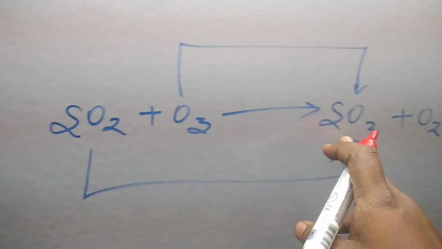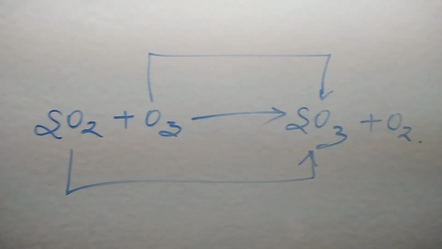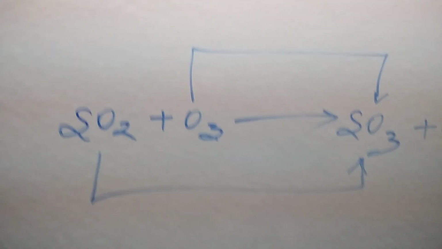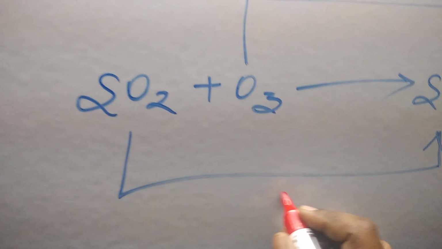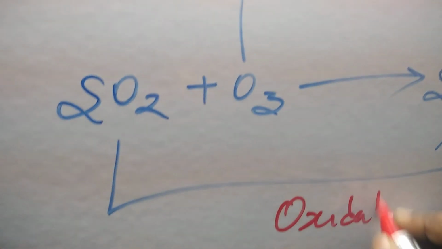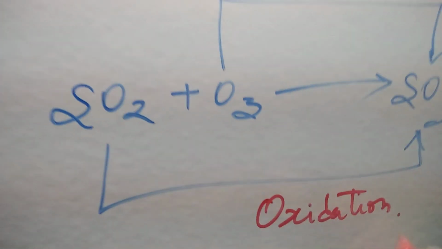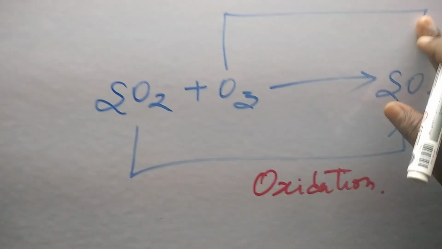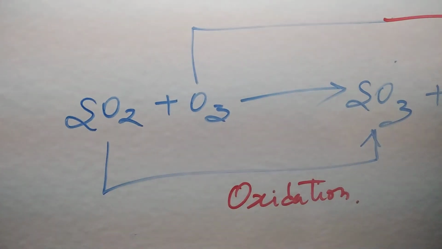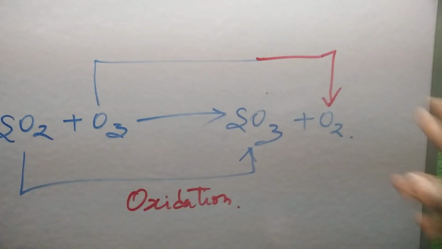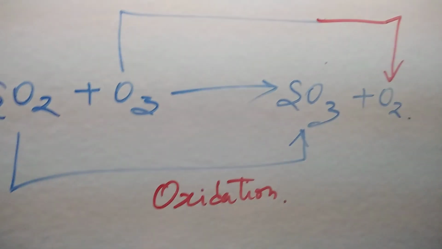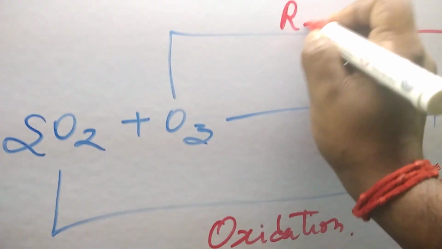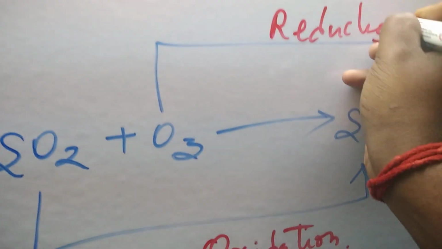SO2 is forming SO3, meaning addition of oxygen, and addition of oxygen means oxidation. And O3, ozone, is forming into oxygen, that means removal of oxygen, that means reduction.